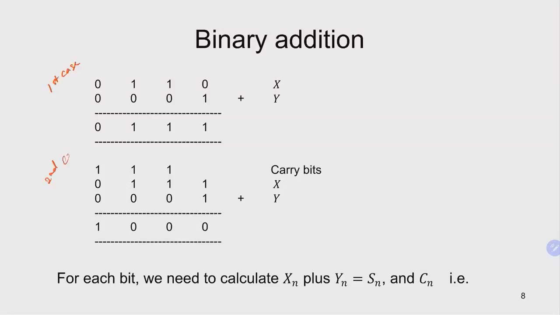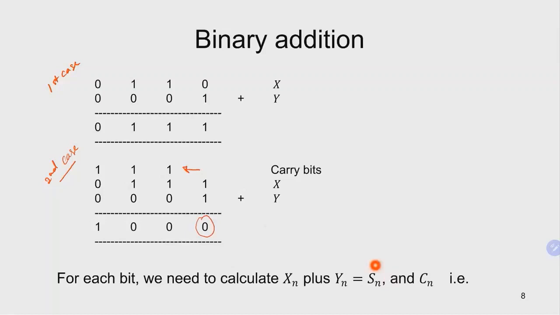Second case. If we have 0, 1, 1, 1, and we add 1, now 1 plus 1 is 2. In binary, 2 is 1, 0. So we have 0, and then the 1 is the next bit. It's a carry. In our normal additions, we carry over to the next column. So the top here is our carry bit, and here is our sum bit.